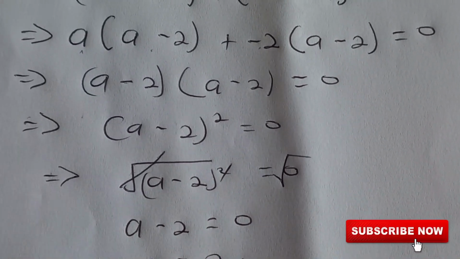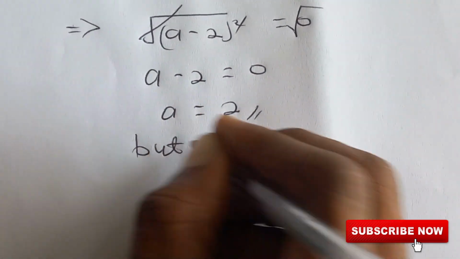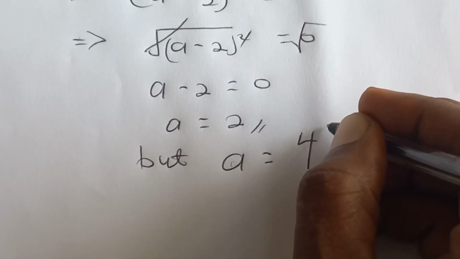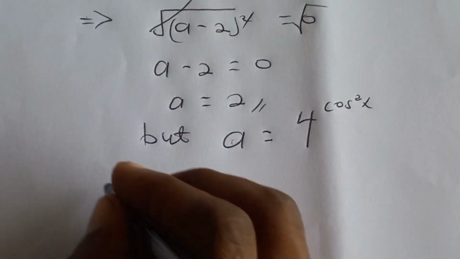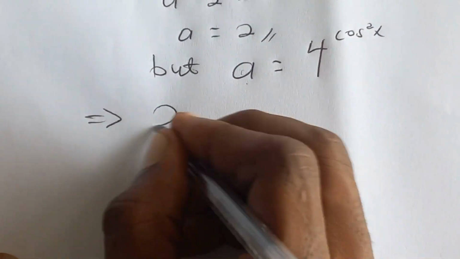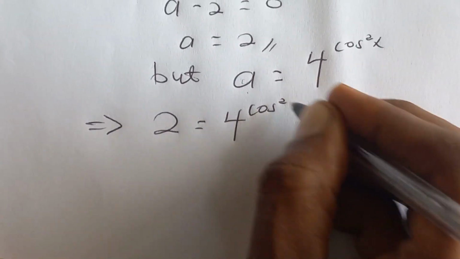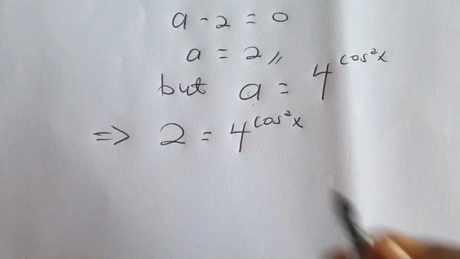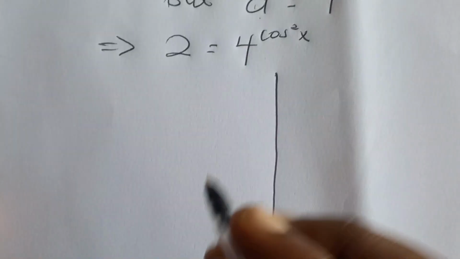Okay. So now we said that a is equal to 4 exponent cos squared x. So a is 2, so 2 is equal to 4 exponent cos squared x. Now we can express this 4 as 2 exponent 2.